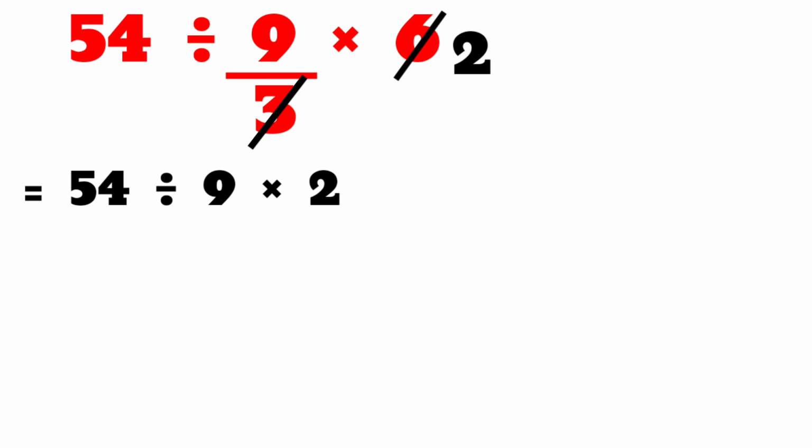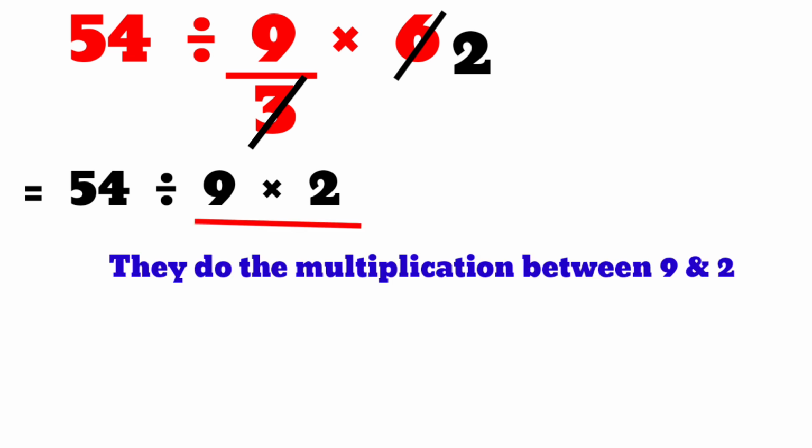Is equal to 54 divided by 9 times 2. They think multiplication has a higher priority than division. So they do the multiplication between 9 and 2. 9 times 2 is equal to 18.